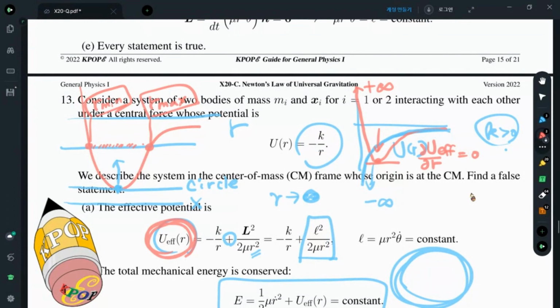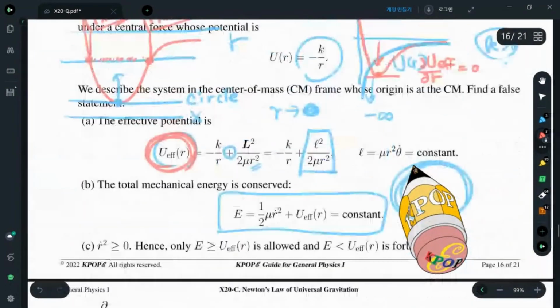This elliptic orbit was found by Kepler by analysis, and Kepler was not the person who observed. The person who observed with his own bare eye, without any telescope, was Tycho Brahe.